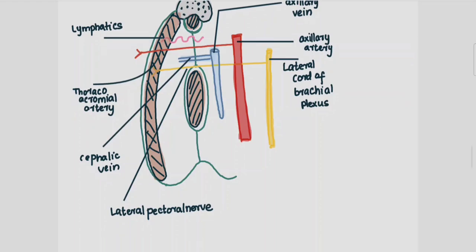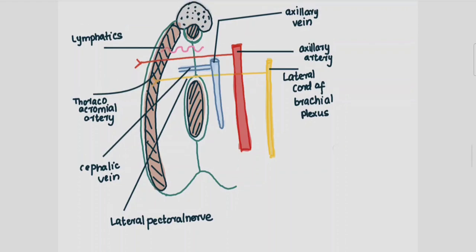Then it is also important in breast surgery and axillary clearance, so knowledge of the fascia is very crucial in these situations. And the suspensory ligament helps in maintaining the concavity of the axillary fascia.